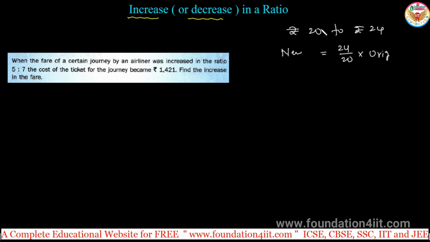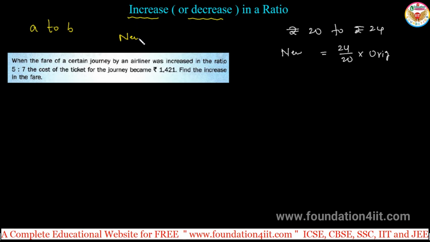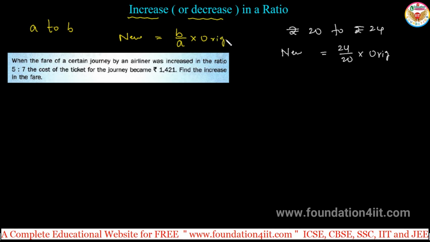So second number divided by first number into the original price. That means either increase or decrease, like A to B, in both the cases, if you want to find out the new price, it is B divided by A into the original.